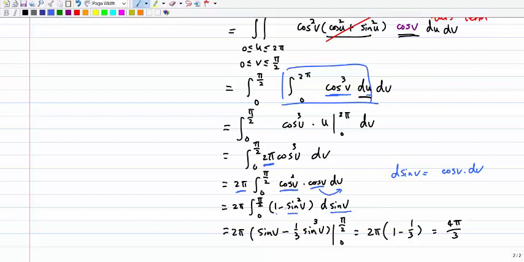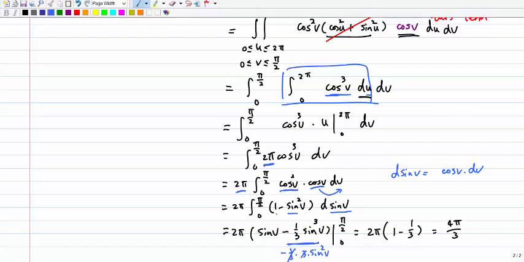The integration of minus sine v squared is minus 1/3 of sine v cubed, because the derivative of this guy will be just negative 1/3 times 3 times sine v squared, right? So that's what comes out. I get this one, right? So that's the integration, and it has to be evaluated at pi over 2 and 0, right?